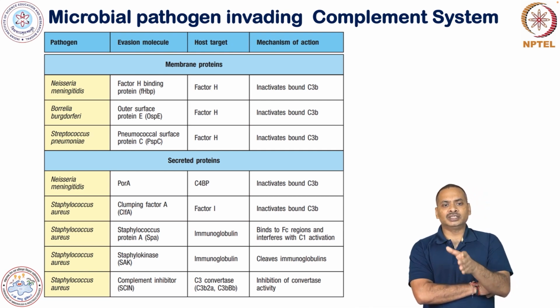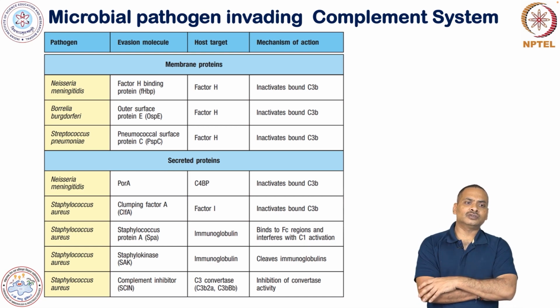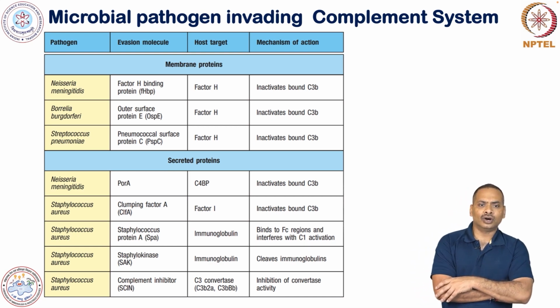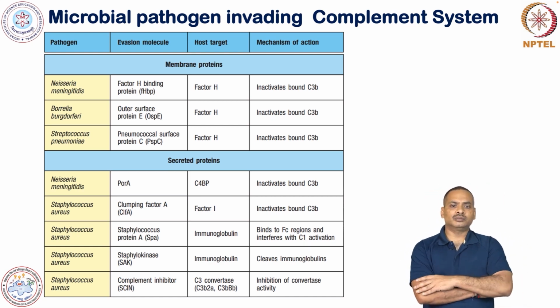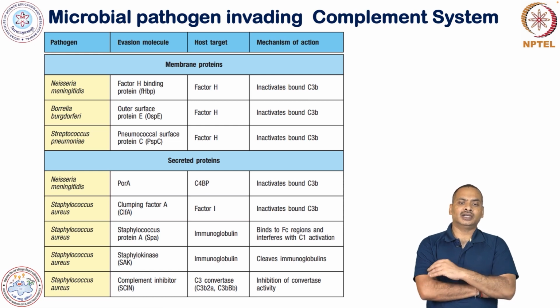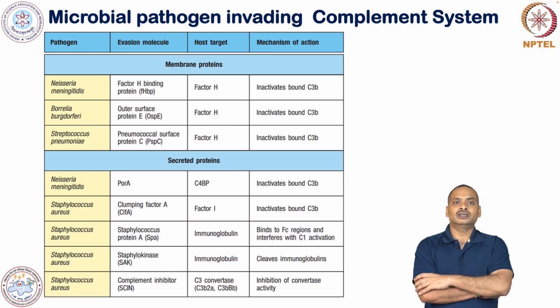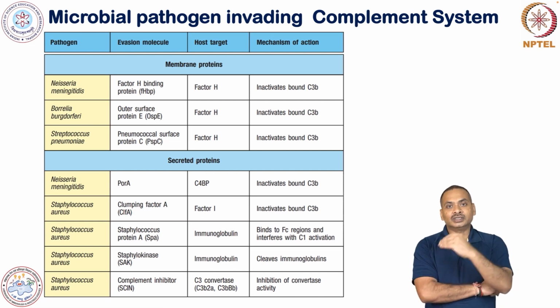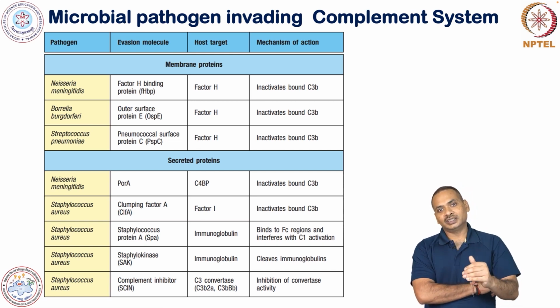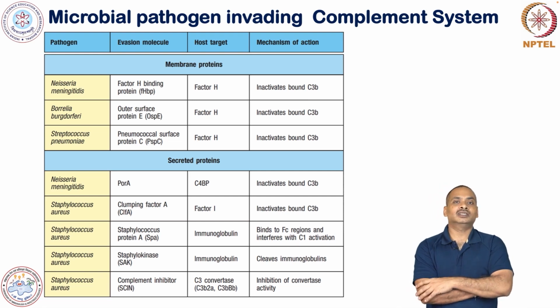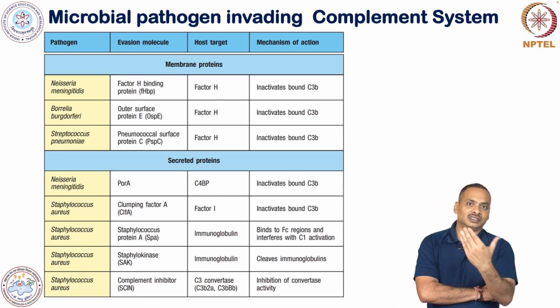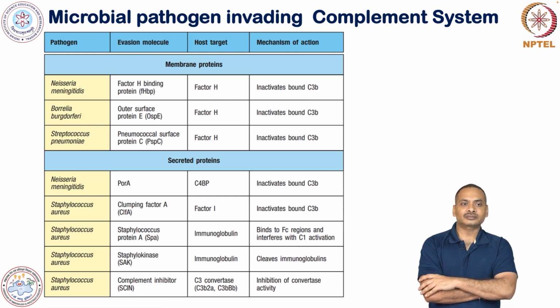Basically all these proteins of Staphylococcus aureus can inactivate the bound form of C3b, bind to the Fc region and interfere with C1 activation, cleave the immunoglobulin, and inhibit the convertase activity. In that way these pathogens can evade the complement system, establish infection and cause disease.